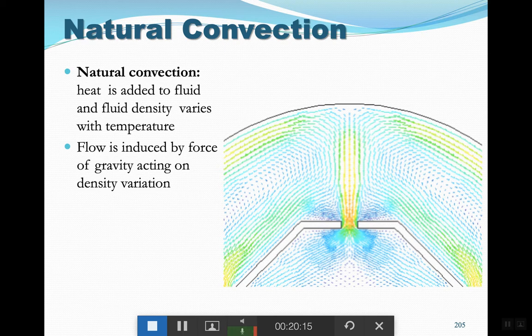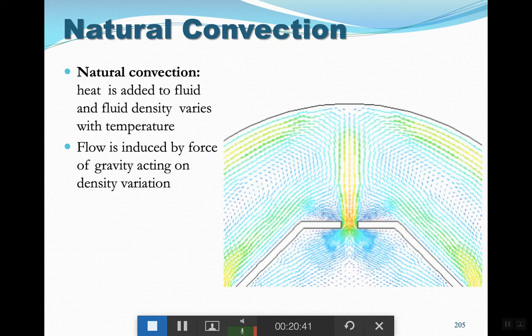And because we have gravity, remember, natural convection works if you have some sort of gravity in your system. Because of gravity, anything with lower density has to move up, and anything with higher density has to move down. And this is the reason we are having natural convection.